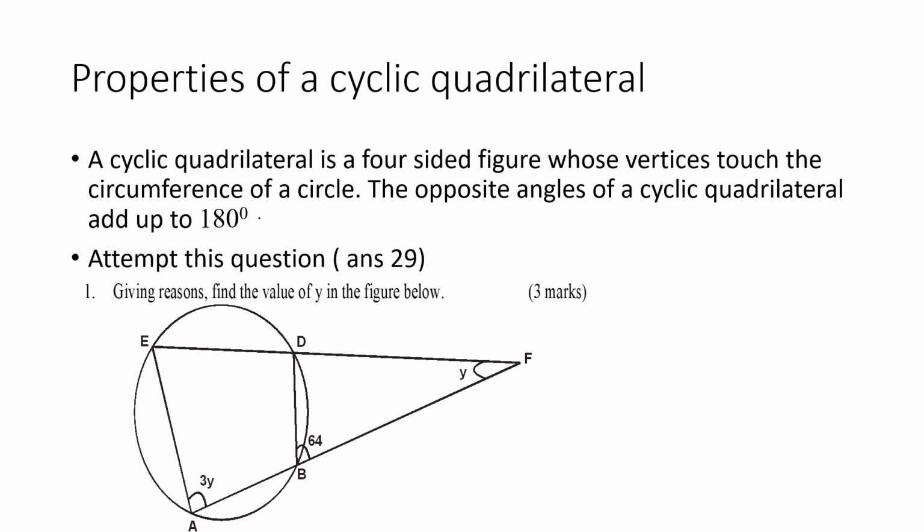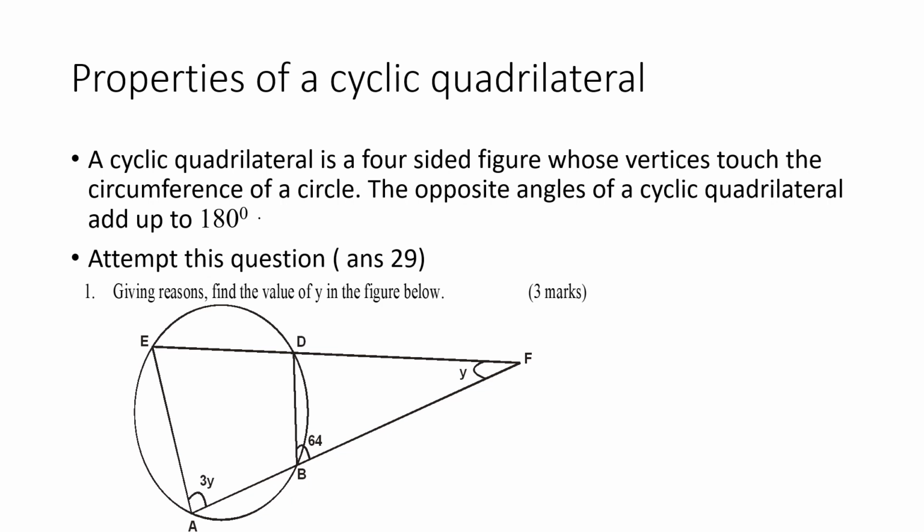Let's now concentrate on triangle BDF. We have two angles in terms of y, angle D and angle F. Angle D is 3y, angle F is y. So when you add the two, you get 4y. Then you add 64. So 4y plus 64 should give you 180, sum of angles of a triangle. That's the reason.